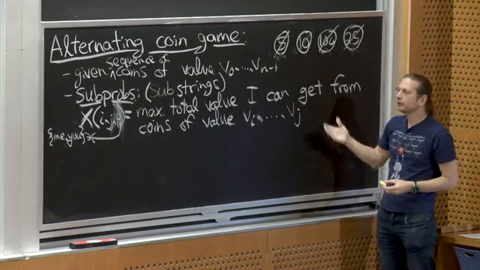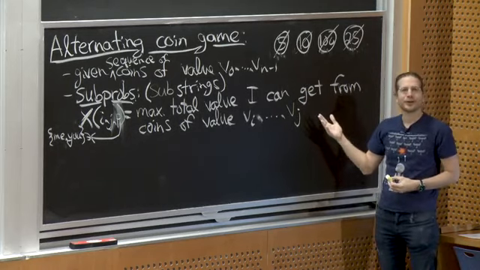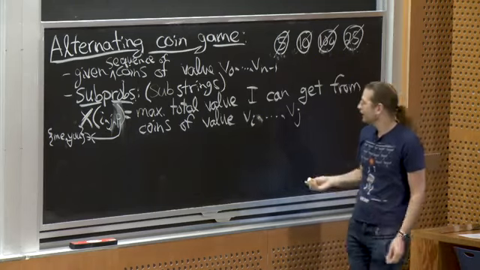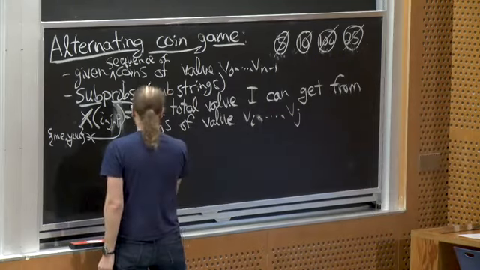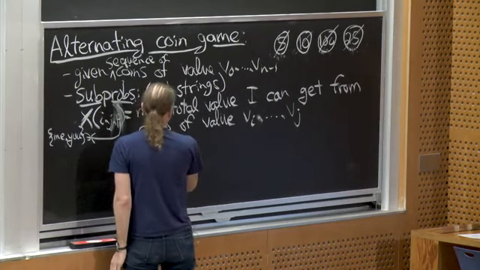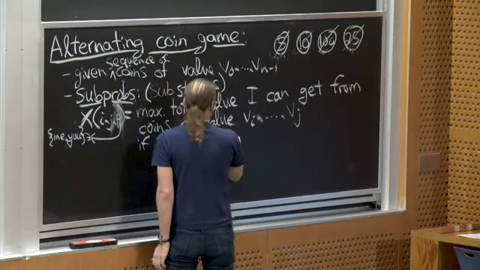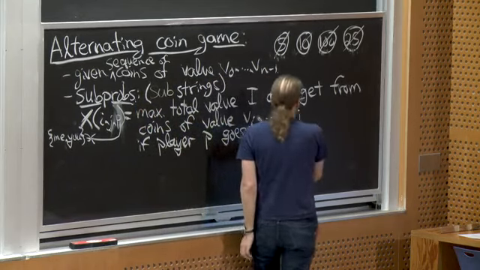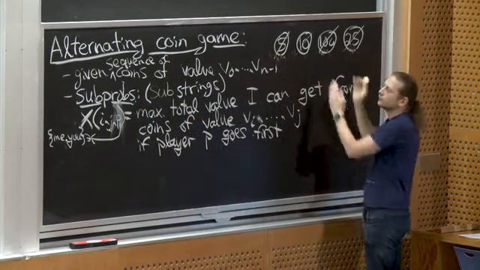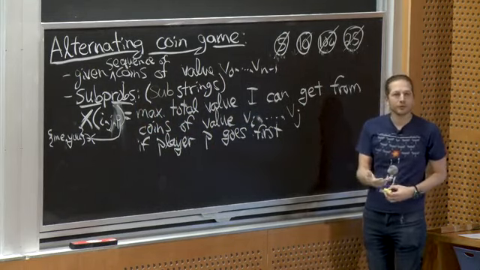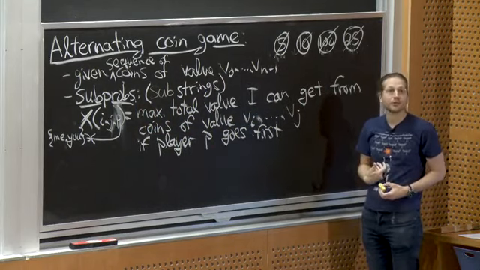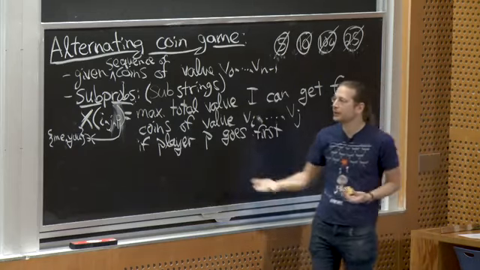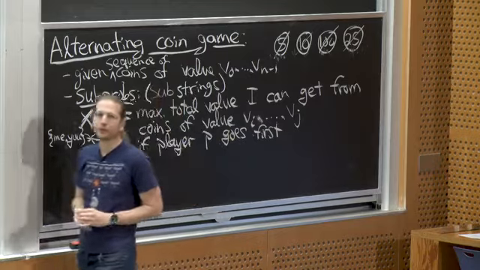And so I don't really want to know the maximum total value that I would get if I go first. I'd like to say if player P goes first. I'd really like to know what happens in the case where you go first. And so for some of the substrings, I want to know what happens when you go first. And for some of them, I want to know what happens when I go first. Because as soon as I make a move, it's your turn. And so we're going to flip back and forth between P being me and P being you.